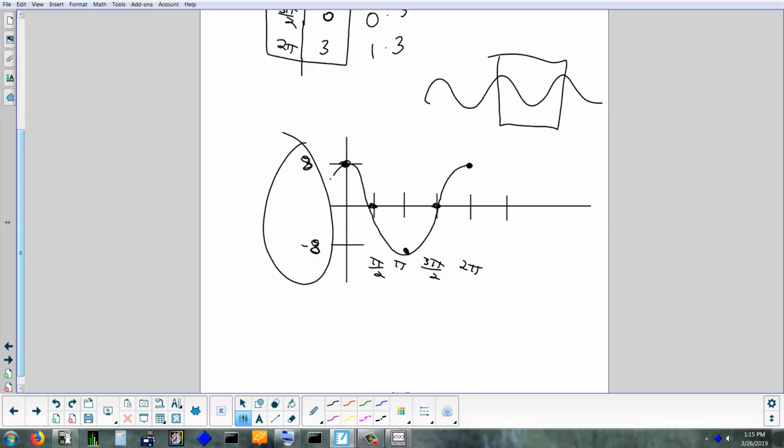If I actually had to draw something 8 times bigger, that could be hard because I might not have a big enough piece of paper. Or if I had to graph like 50 cosine x, it's a lot easier to do 50 and -50 than to try to draw something 50 times bigger. So that's why all my cosine graphs are going to look the same. Any questions on that one?